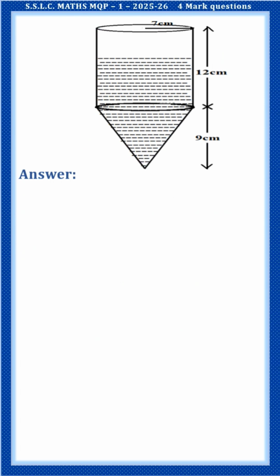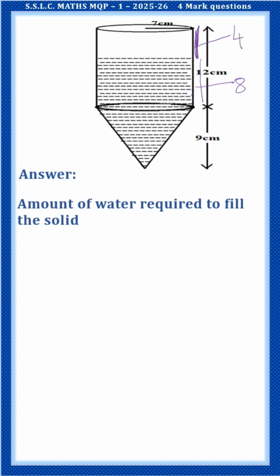Here the height of the cylinder we have to fill is 12 minus 8, no? We have already calculated. So this is 4 centimeter. So the amount of water required to fill the solid is the volume of the cylinder. Here we take the height of the cylinder as 4 centimeter, radius as 7 centimeter. Substitute the values.